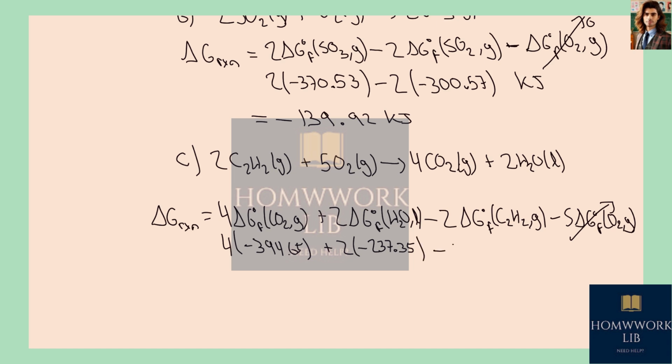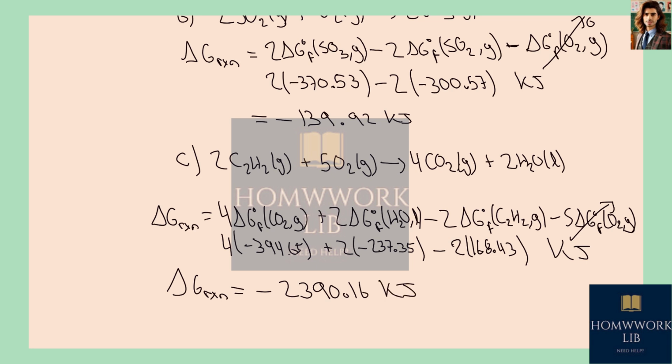And for C2H2, we're going to have 168.43. And all of this, the result is going to be in kilojoules per mole of reaction. The result of this operation for the delta G of reaction is going to be minus 2390.16 kilojoules. And that would be all.